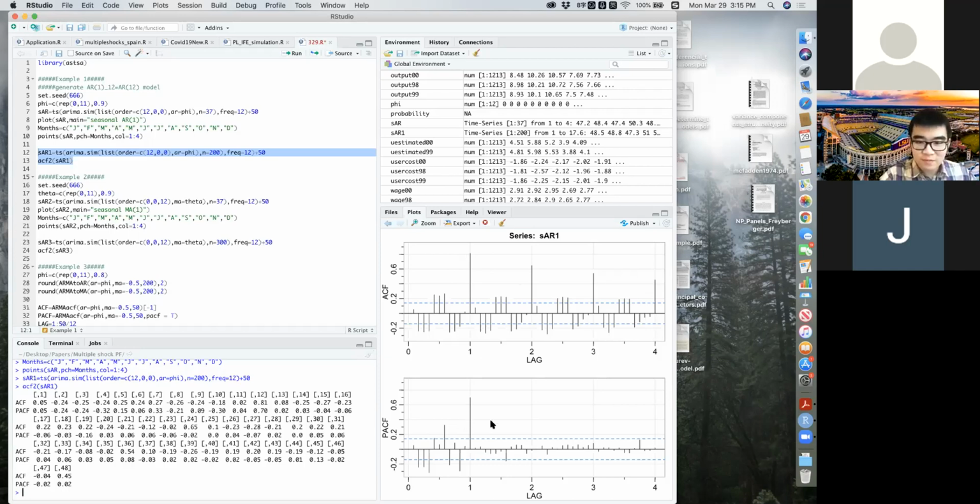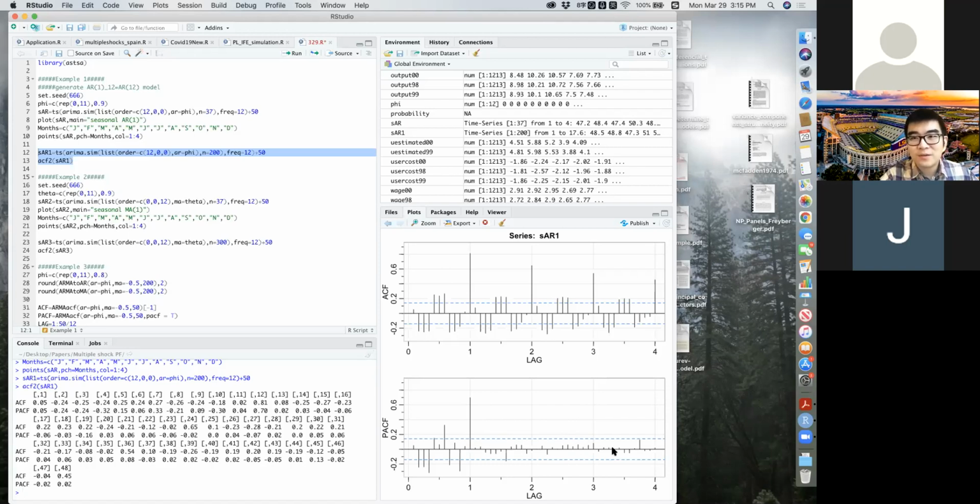You can very clearly see that this PACF plot cuts off at lag 12. After lag 12, all these lags are within the confidence interval. Recall our pure AR1 model: what's the PACF of that pure AR1 model?